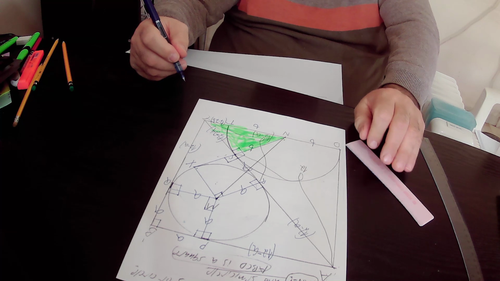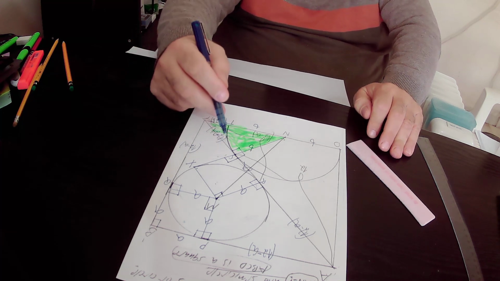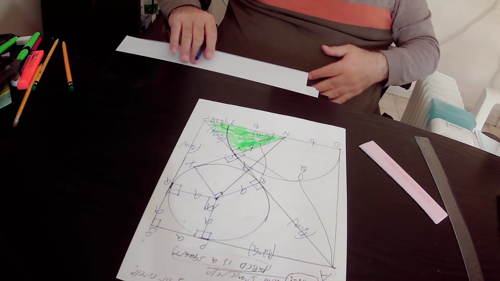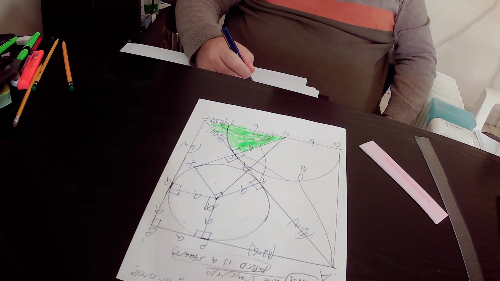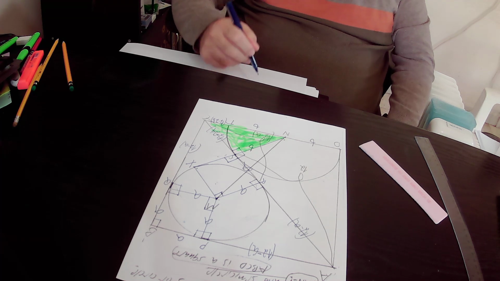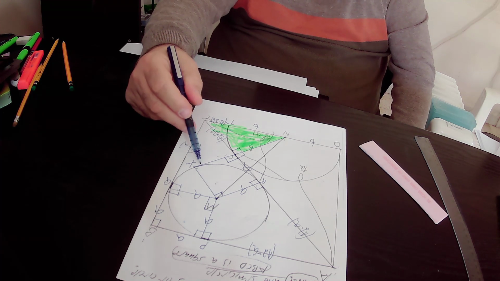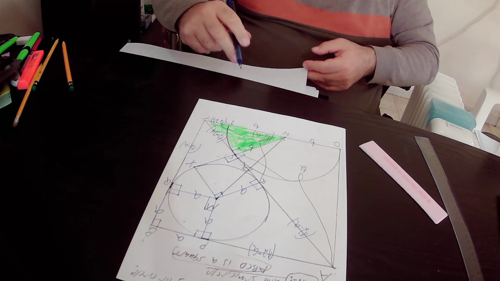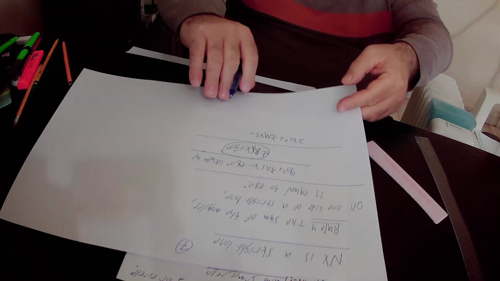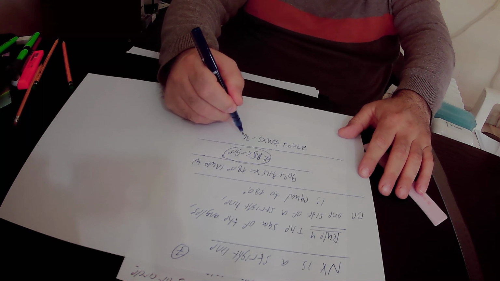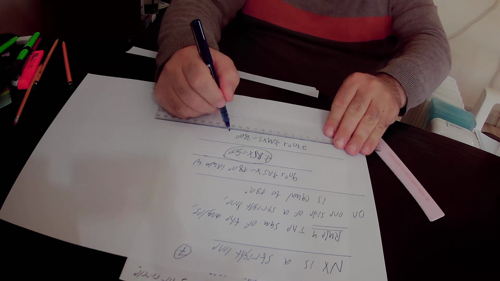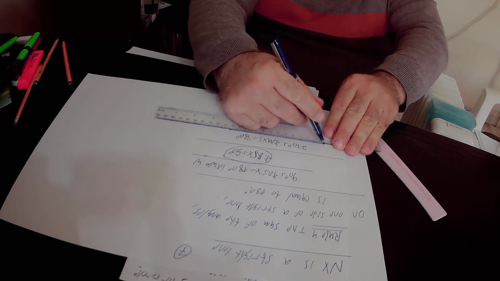So actually in quadrilateral RMSX we have 1, 2, 3 right angles, and the sum of 3 right angles is 270 degrees. 270 degrees plus the size of the fourth angle, that is actually angle MXS, in total, the sum of those 4 angles must be equal to 360 degrees according to the rule that the sum of the angles in any quadrilateral is equal to 360 degrees.